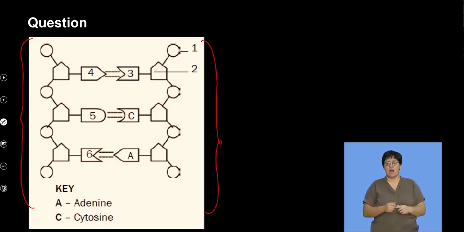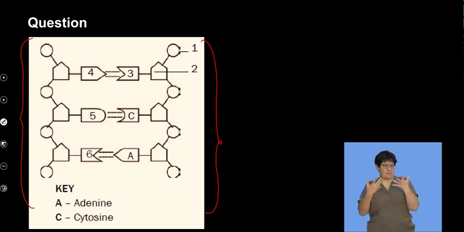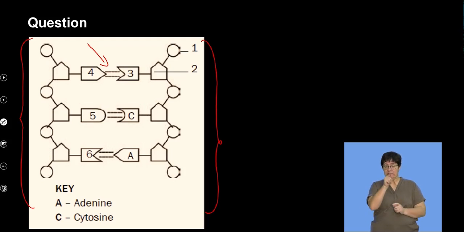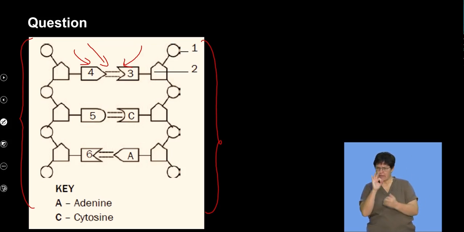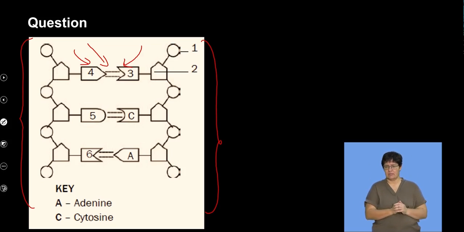We've got some structures that are labeled, and these clearly indicate a specific shape. These shapes are unique in that only structure number 4 can connect with number 3, and that uniqueness is based on complementary base pairing.